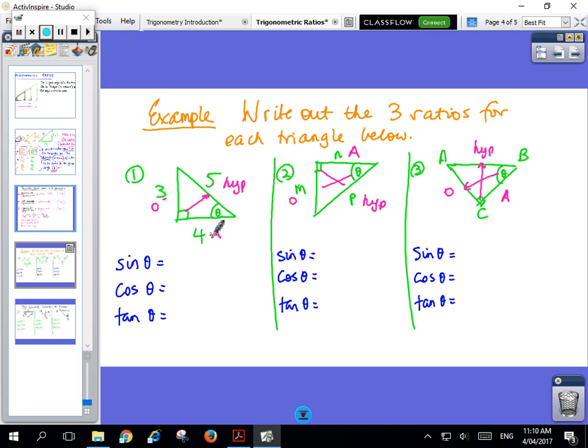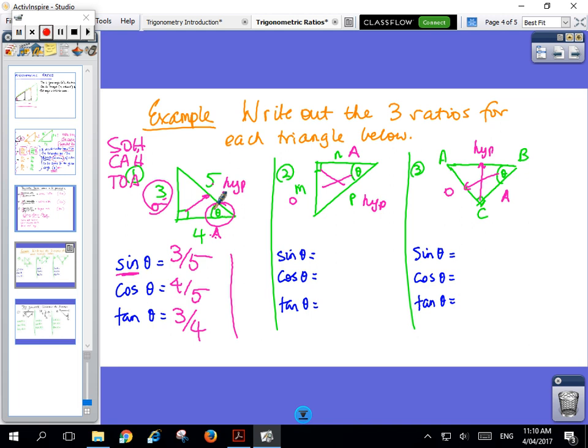So the sine, so again, SOH CAH TOA. So sine is opposite over hypotenuse. So opposite is 3, hypotenuse is 5, so that's the answer. Cos is adjacent over hypotenuse, and tan is opposite over adjacent. So they're the ratios for sine, cos, and tan for that particular angle.